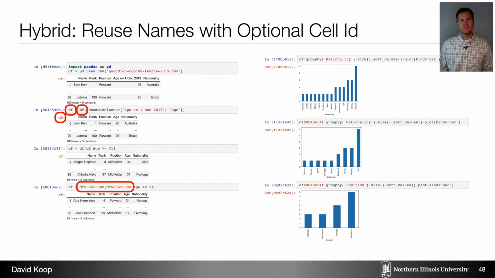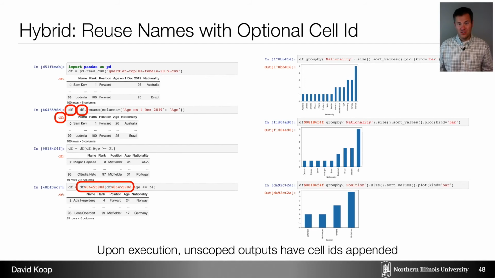So a hybrid solution is to reuse names, but allow an optional cell ID, right? So in the case where the previous df works, we just refer to it as df and we can redefine it. And in those places where we want to refer to a particular version of df, we can use that cell ID after the variable name with a $ sign, indicating that scoping.